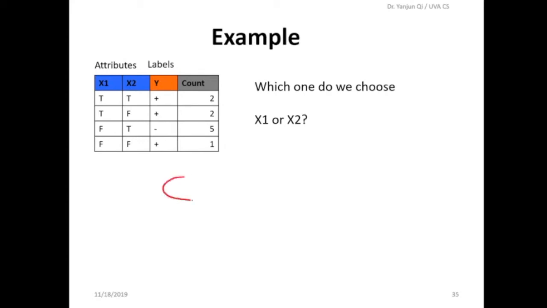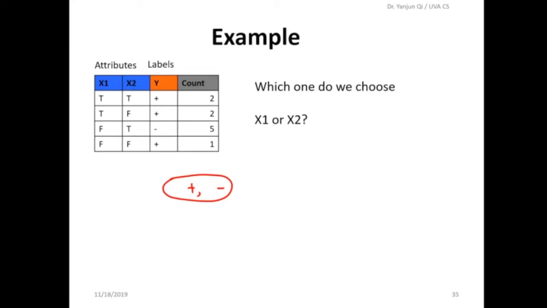This is my root node, and the root node should tell me the basic proportion of positive and negative. So what's the y proportion in this root node? How many positive and how many negative?